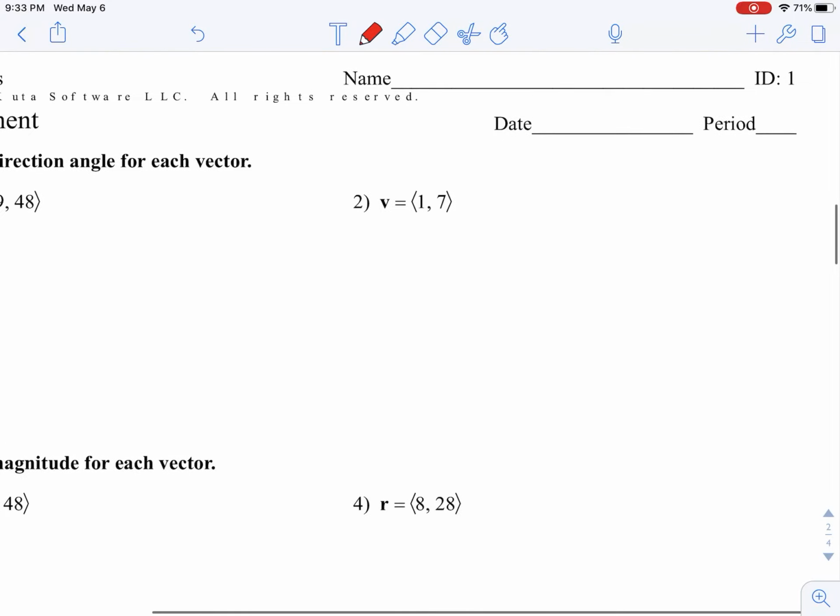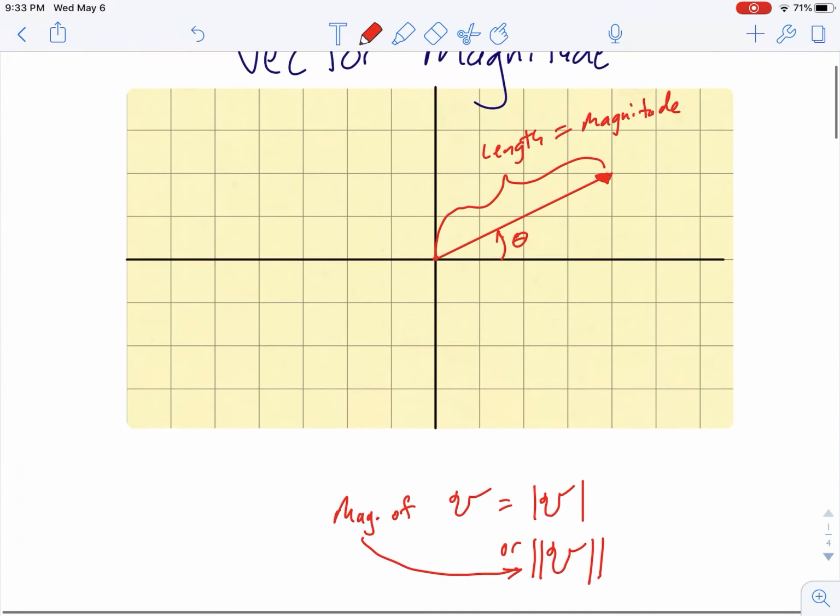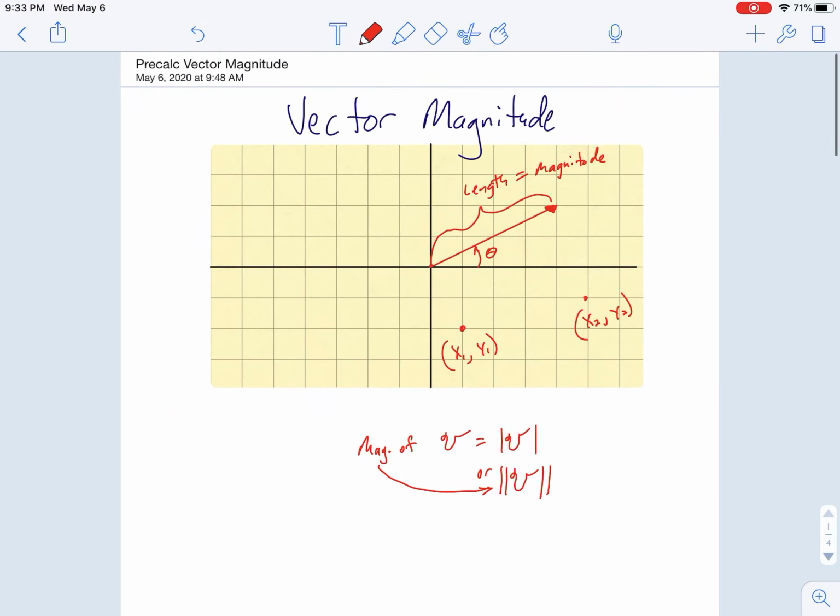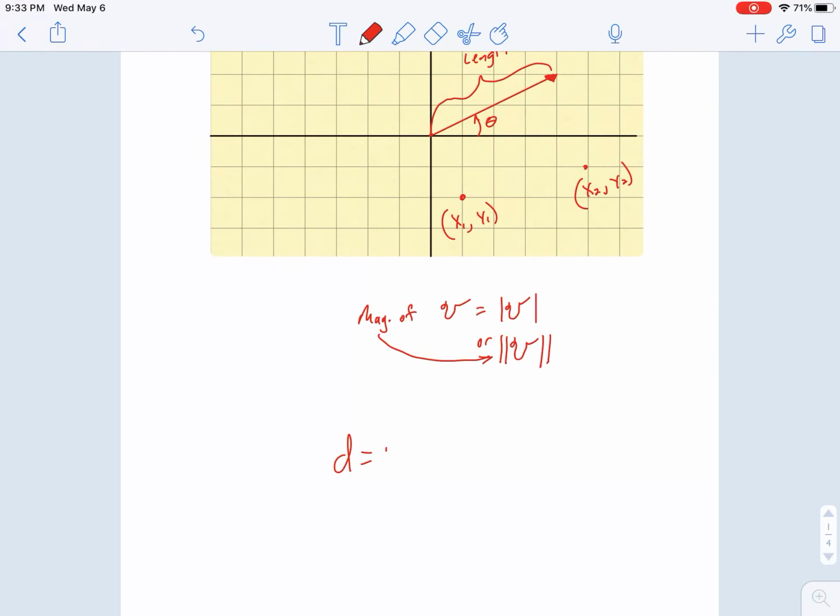Okay, so how do we find the magnitude of a vector? Well, the magnitude of a vector is simply the length of a line segment, which is something we covered in the first week of this class. When you have 2 endpoints, let's say x1, y1, and then x2, y2, to find the distance, we call it the distance formula: the square root of x2 minus x1 squared plus y2 minus y1 squared.